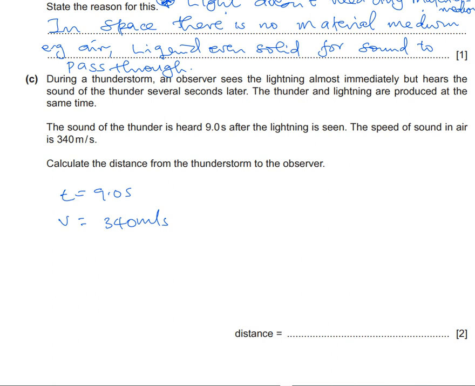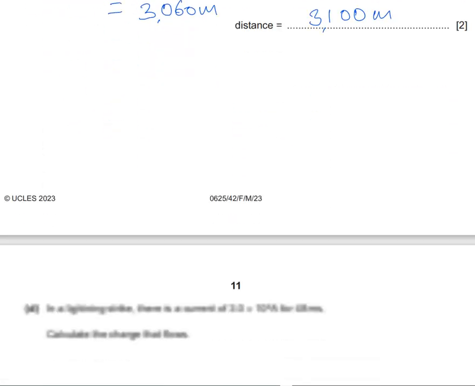So we shall first of all use the formula that distance is equal to speed or velocity times time, which is equal to 340 times 9, and finally we shall get our distance at 3060. You can even write it to two significant figures, which is 3100 meters. So that is the distance moved.